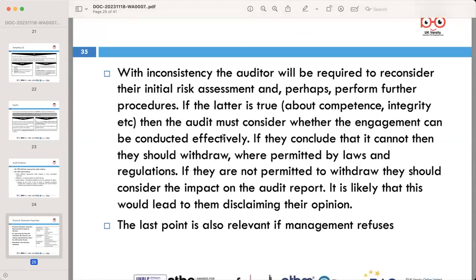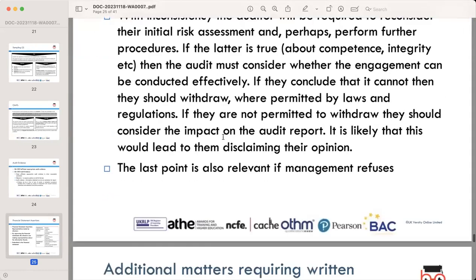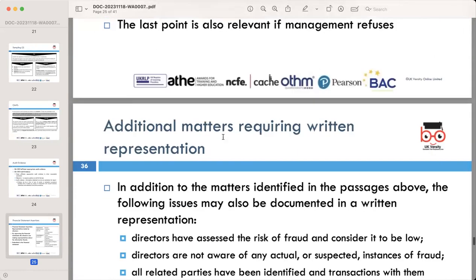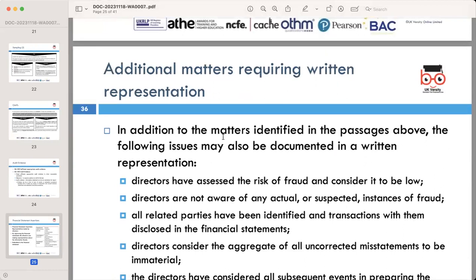Again, it's the same. Then, additional matters requiring written representations. Here, directors are like the guardians of a company. They make sure everything is fair.